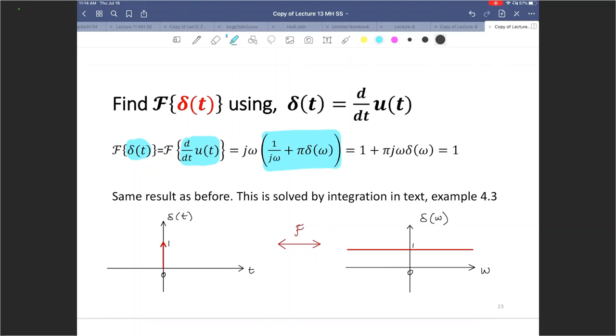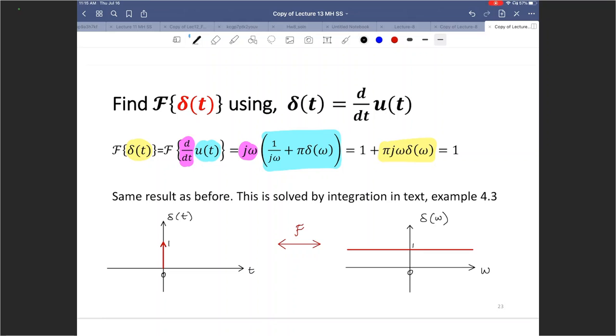So we know the Fourier transform of u of t, and I will use derivative in a different color. If I differentiate in the time domain, I multiply by j omega in the frequency domain. I simply multiply it out, and I get 1 plus pi j omega delta of omega. What is pi j omega delta omega?